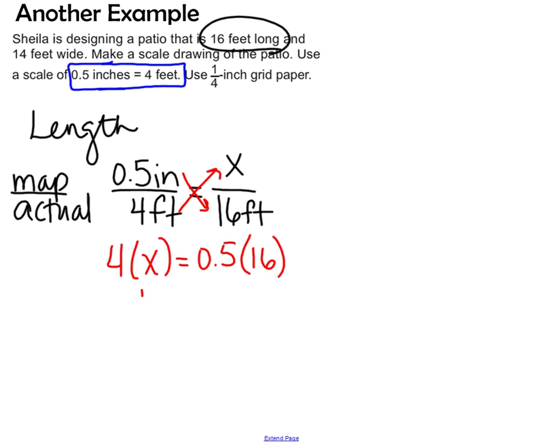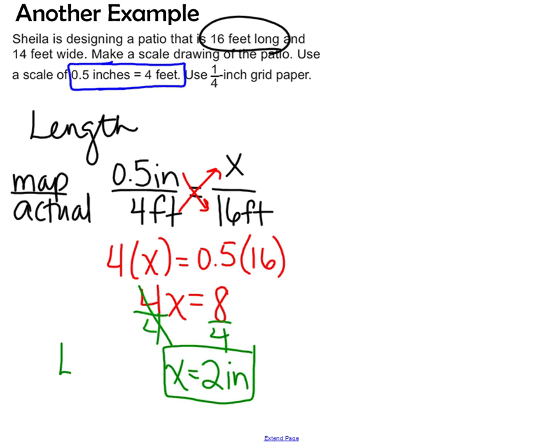So now we have 4x equals 8. Now we're going to solve for x by dividing by 4 on both sides because x is being multiplied by 4. So x is going to equal 2 inches. So our length is going to be 2 inches on our map.